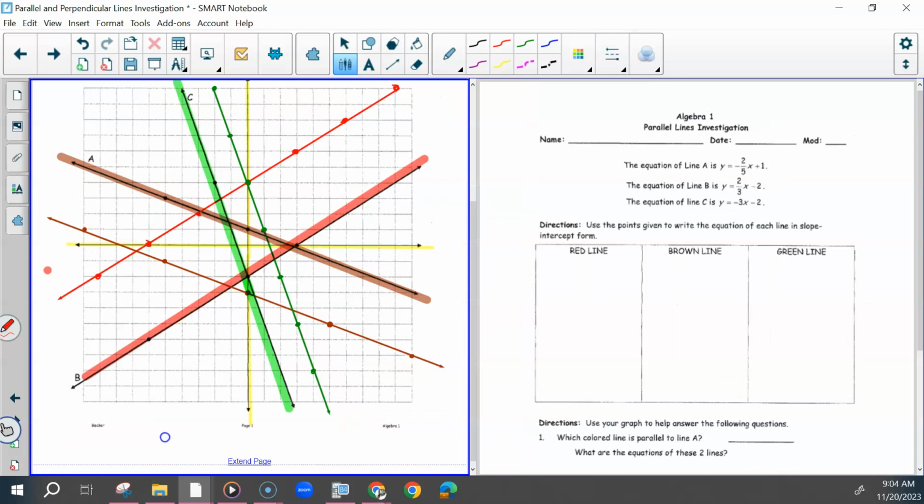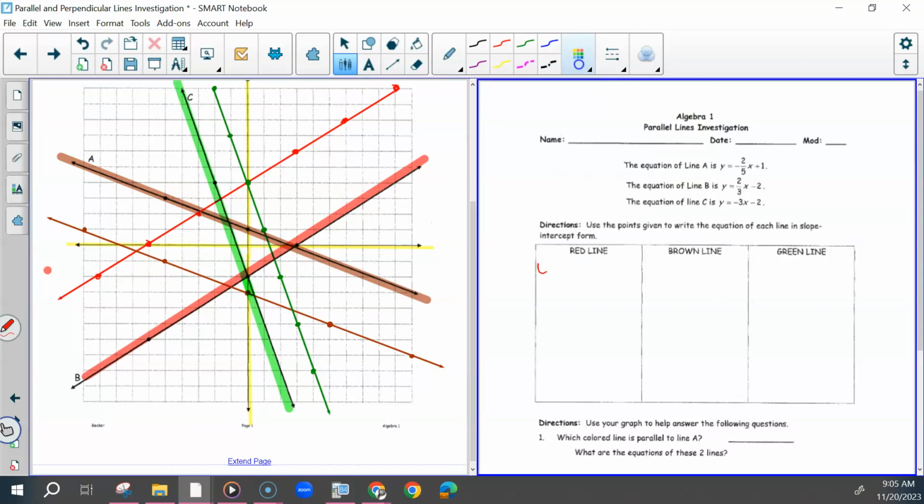So the red line, if you drew all your slope points, you should be able to count your slope, find your y-intercept, and write those together. So for the red, our slope is 2 over 3, y-intercept at 4. The brown line was going down 2 to the right, 1, 2, 3, 4, 5.